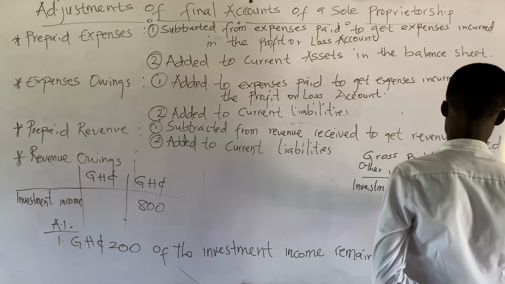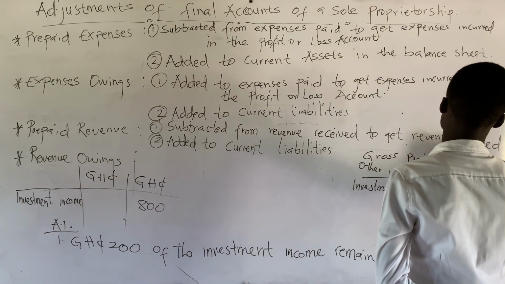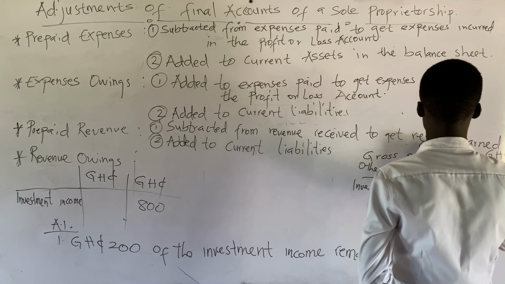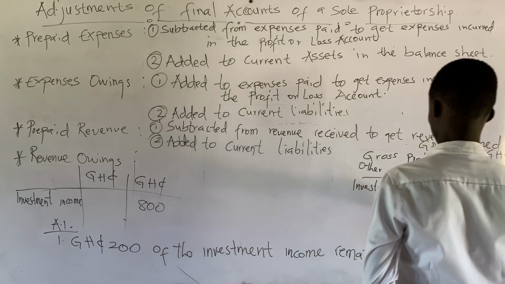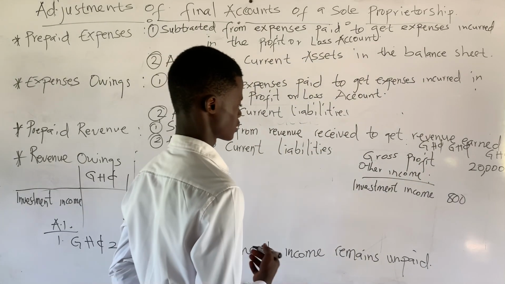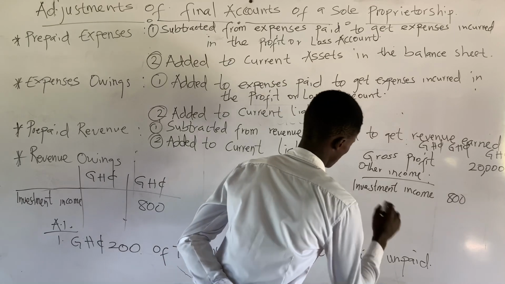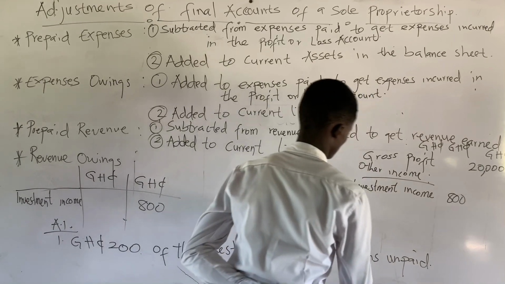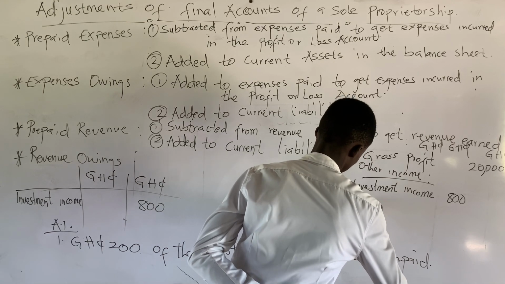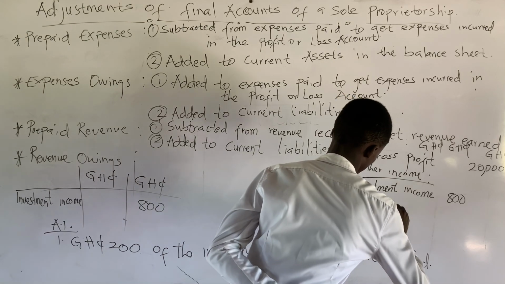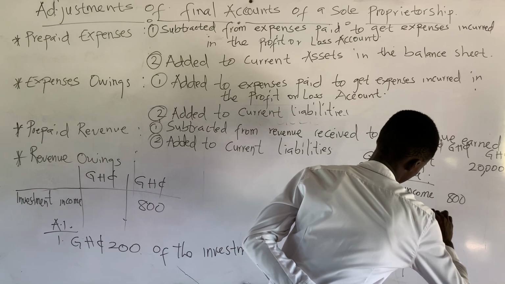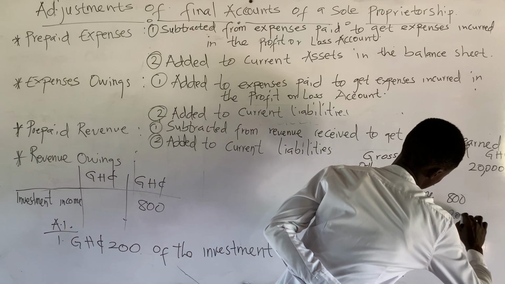That's 800 cedis. Then you will bring the 200 cedis which remains unpaid. So unpaid investment income or investment income owings of 200 cedis.